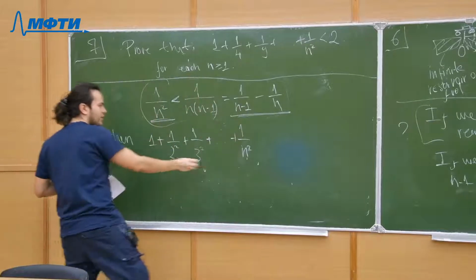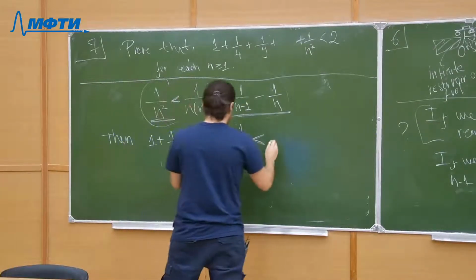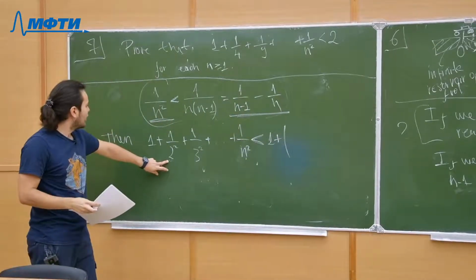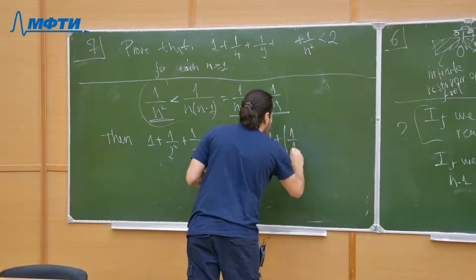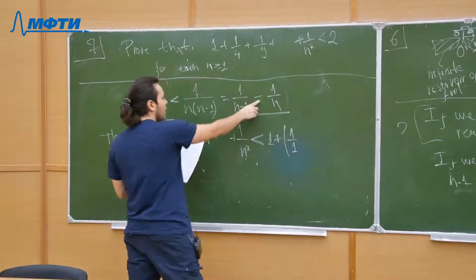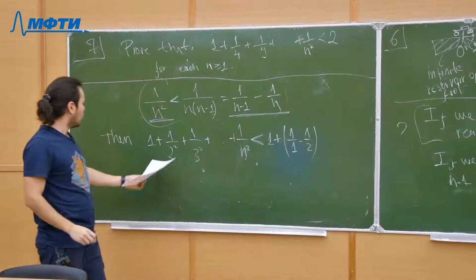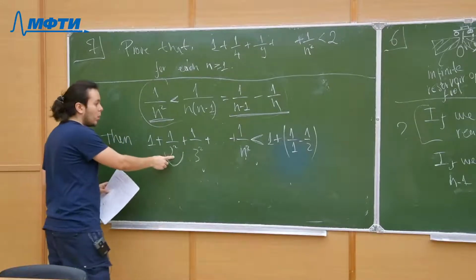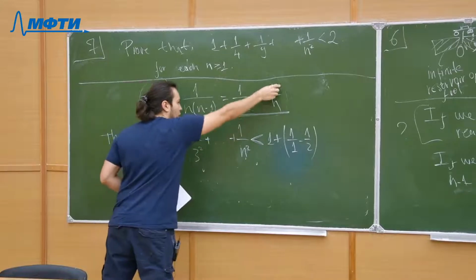Then it means that this is less than 1 plus, and we have to put here the case for 2. So 1 over 1 minus 1 over 2, right? So instead of writing 1 over 2 squared, we have to write 1 over 2 minus 1 minus 1 over 2.